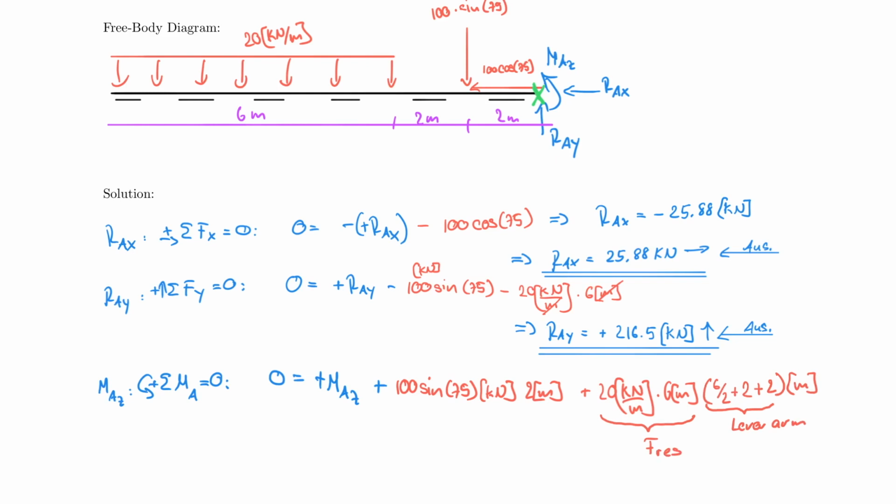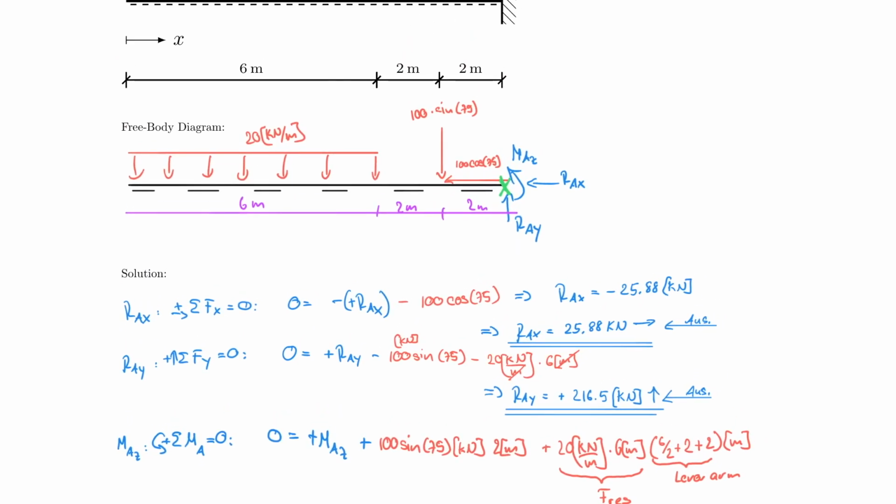And just to be 100% sure, let's actually draw that into our diagram here on the top. So I would have a lumped force right here. And my lever arm would be this distance here. And so we're talking about 6/2 plus 2 plus 2 from here to here.